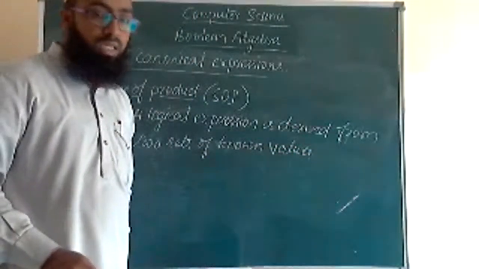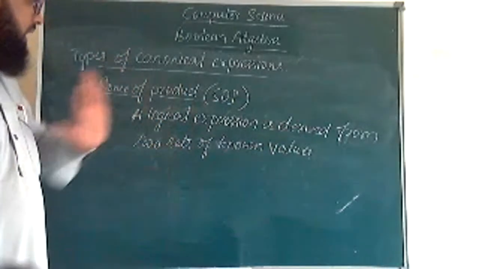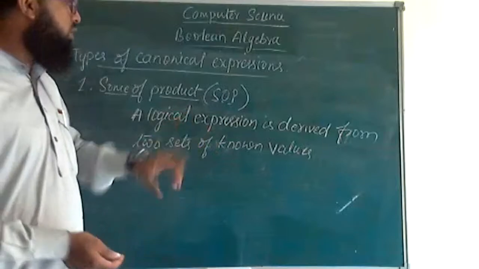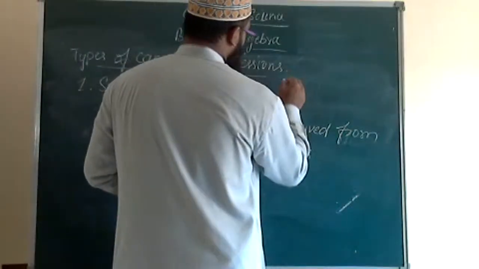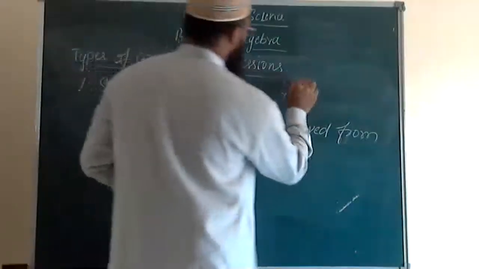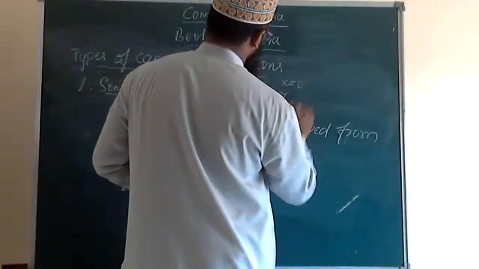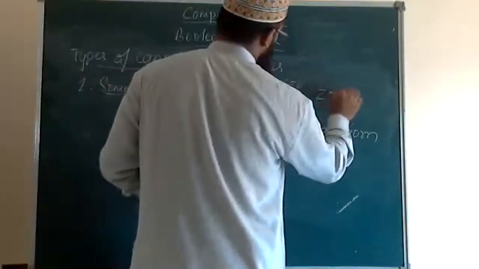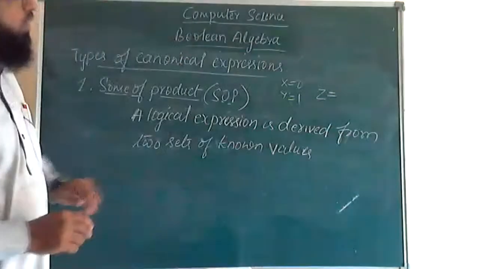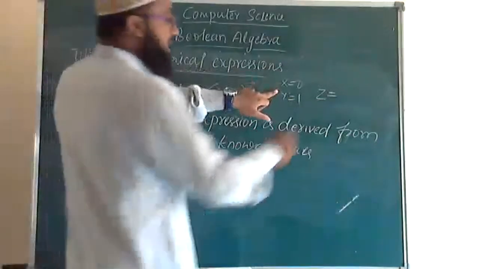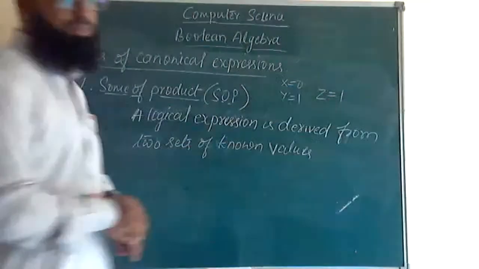What does this mean? Any logical expression can be derived from two sets of known values. I will take x and y. Okay, the x value is 0 and y value is 1. And I will take one more variable z. If we do x or y, x plus y, then the answer will be 1.